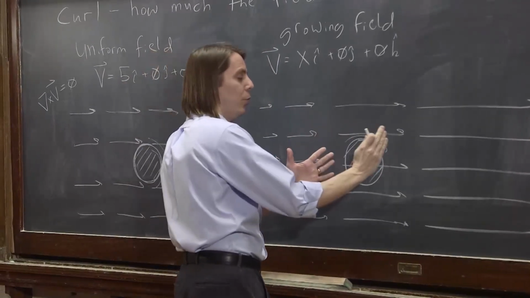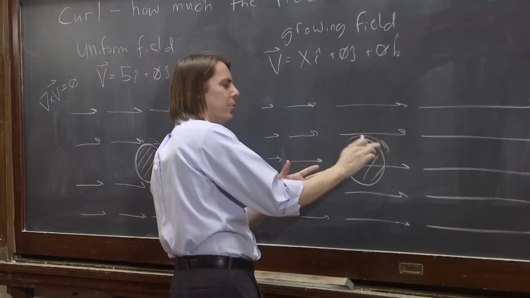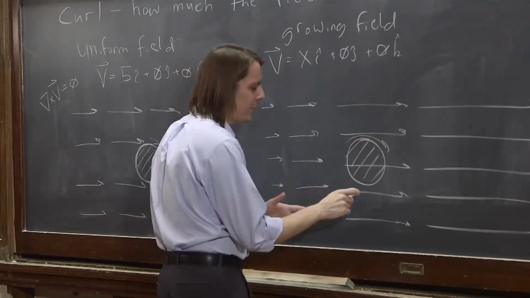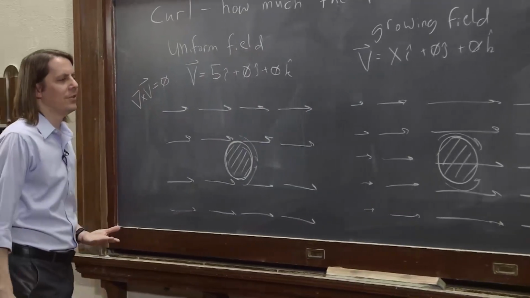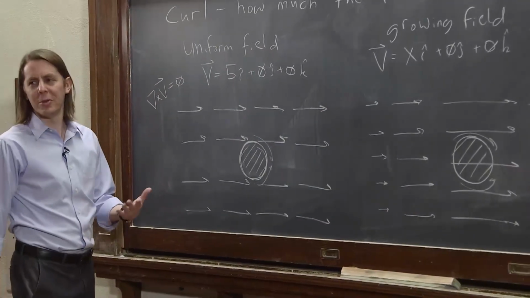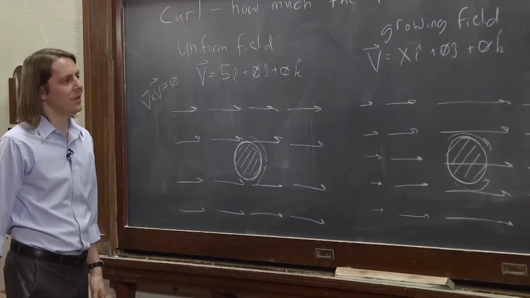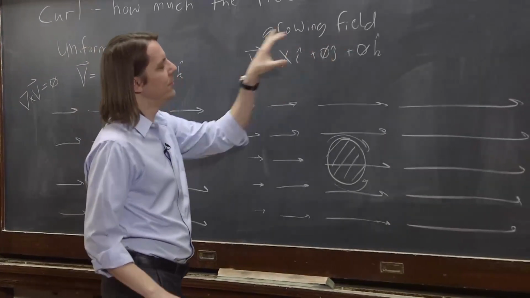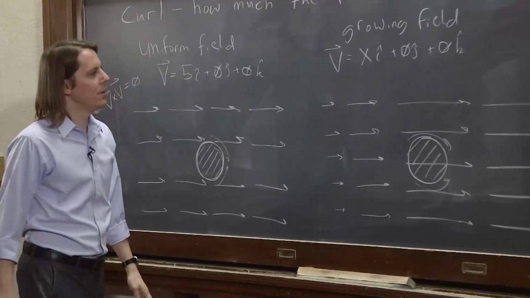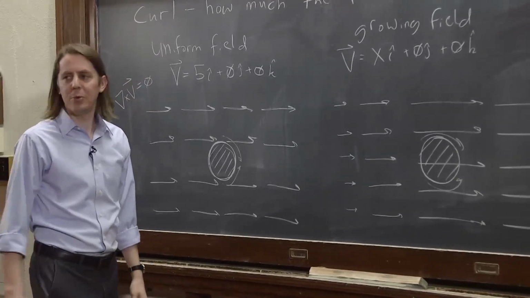The vectors are kind of growing. Maybe they're pushing a little harder here than here to make it want to twist, but the exact same thing's happening over here. So again, when I look at that and ask, is that giving me any twist? I would say no, it really isn't. And if you were to evaluate the curl of this, mathematically you would also get 0.